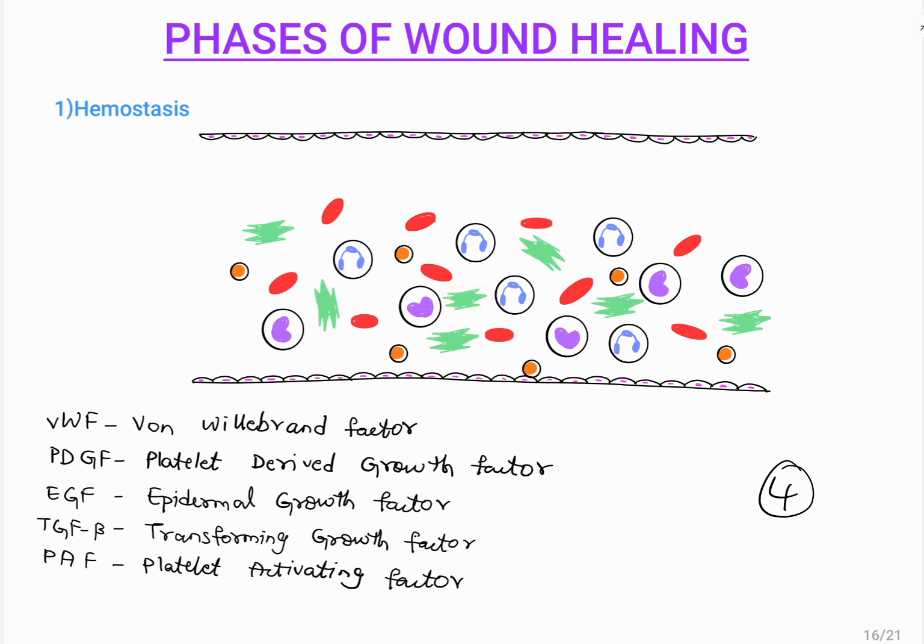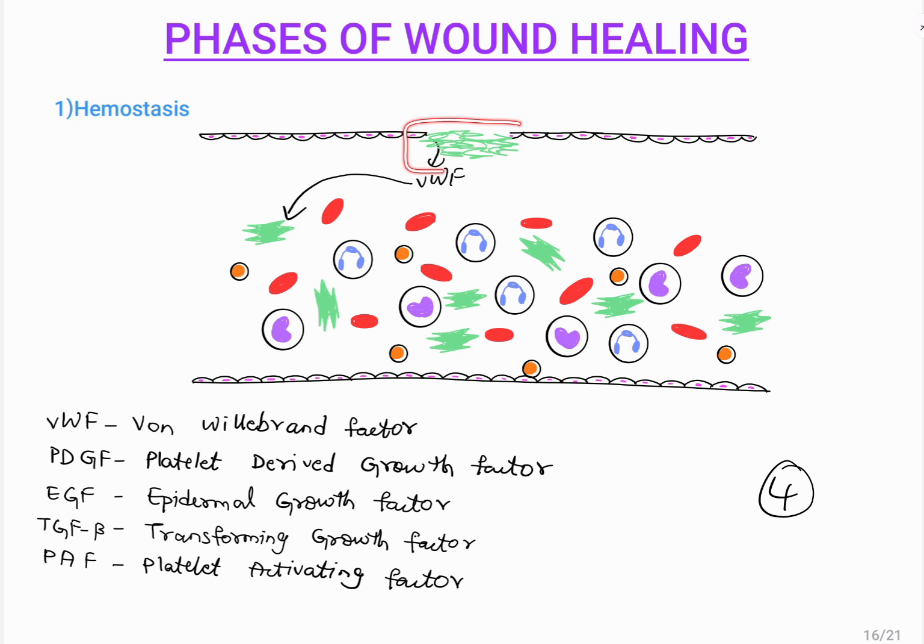First, when a wound occurs to the vascular endothelium, the damaged endothelium releases specific factors like von Willebrand factor and other factors. These factors then activate the platelets, which leads to formation of a temporary platelet plug at the site of wound.